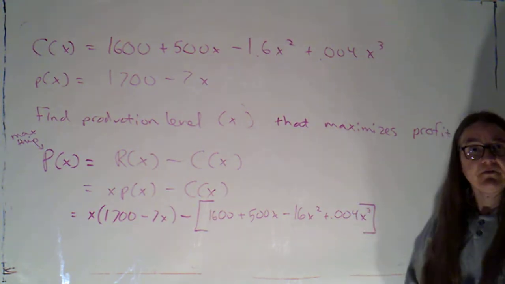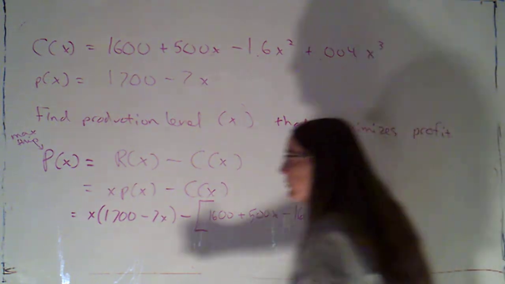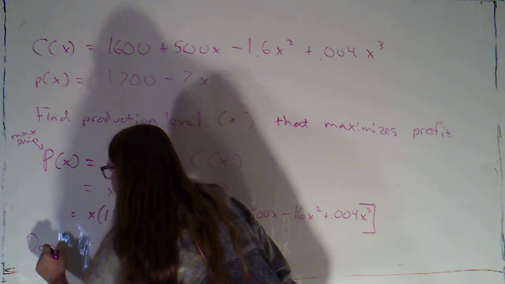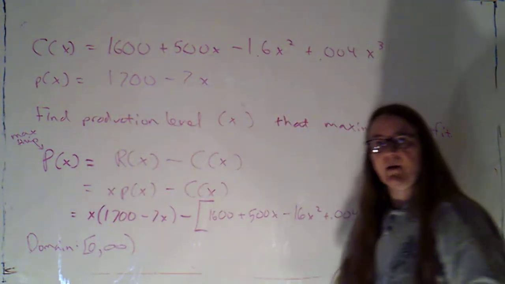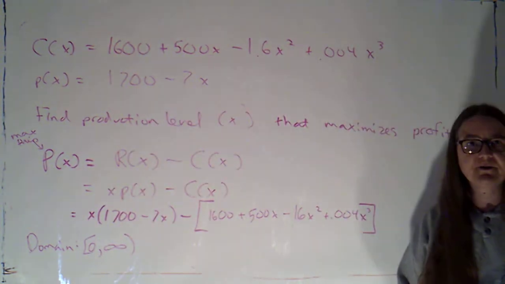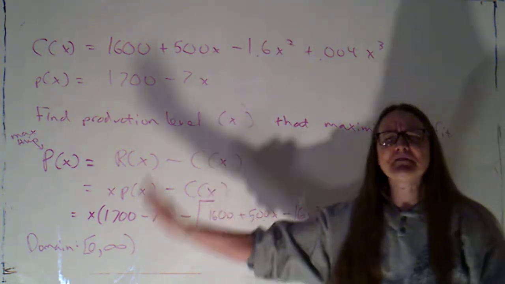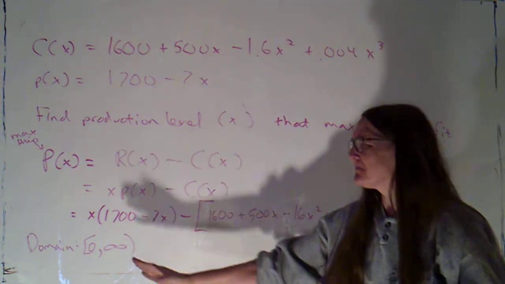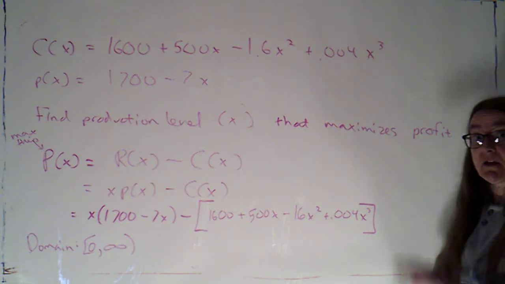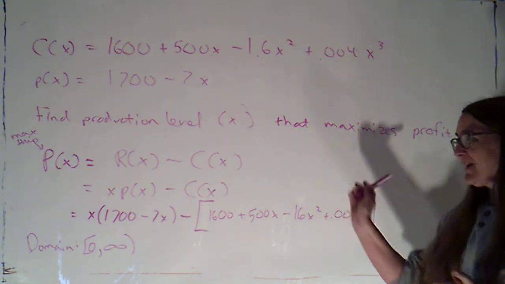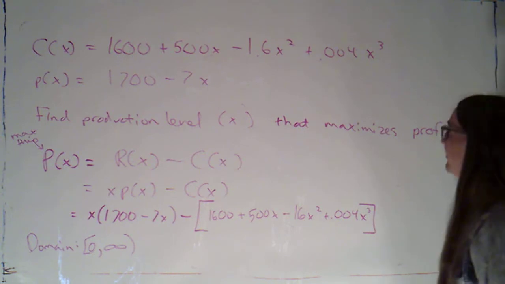That's already just a function of one variable. I will point out that my domain is everything from 0 to infinity, because x is representing the number of products that I'm producing, and I can't produce and sell a negative number of objects. Okay, so I do have a restricted domain. That's important because when I'm looking for critical numbers, I'm not going to include anything that's a negative number.